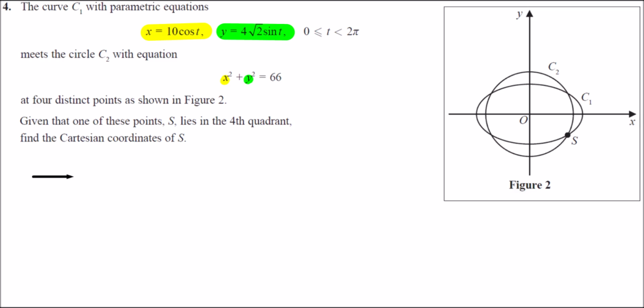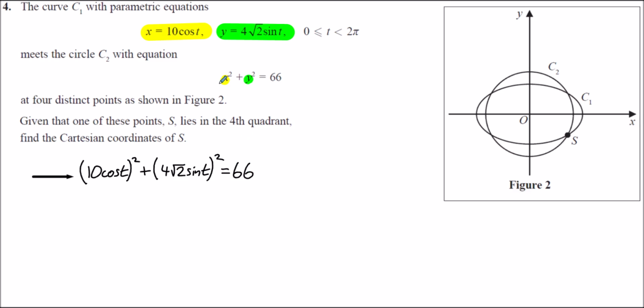So the next step would be to say we've got x squared, which is 10 cos t all squared, plus y all squared, which is 4 root 2 sine t all squared. That's going to be equal to 66.